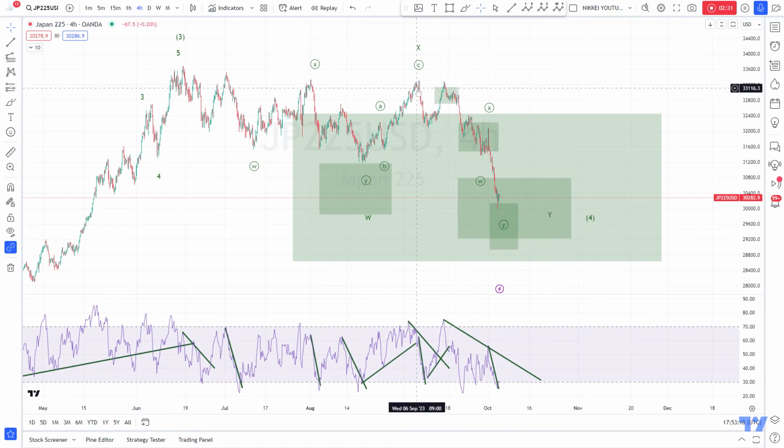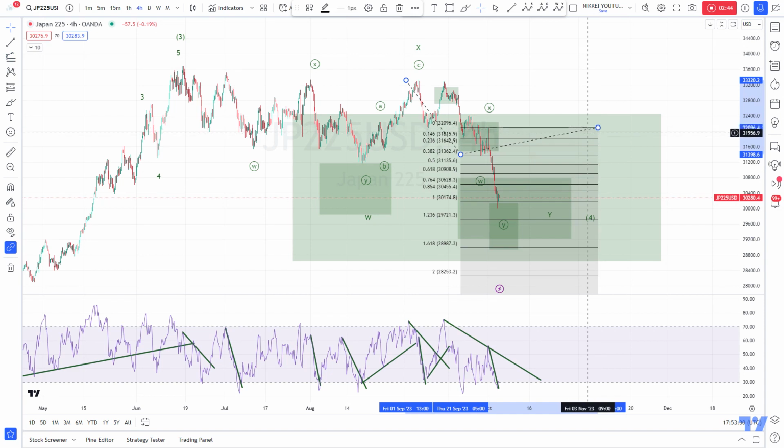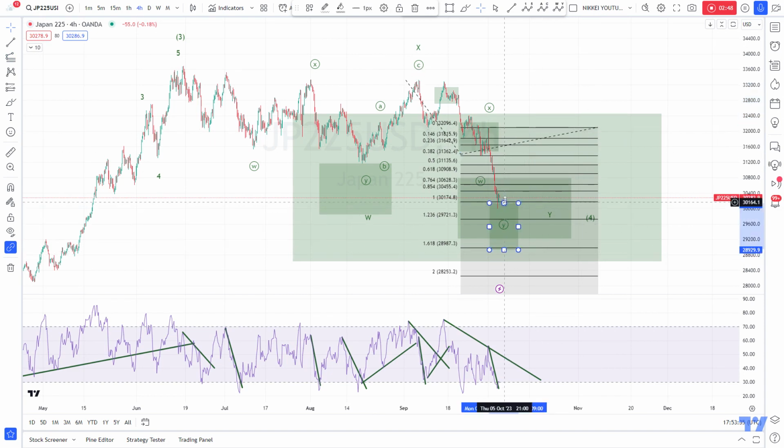We can try to be a bit more specific by analyzing this Y leg. Like I told you, I believe this is another WXY structure. And then if we take the length of the wave W, the length of the wave X, then this area between the 1 and the 1.618 FIB extension is the area from where we can reverse.